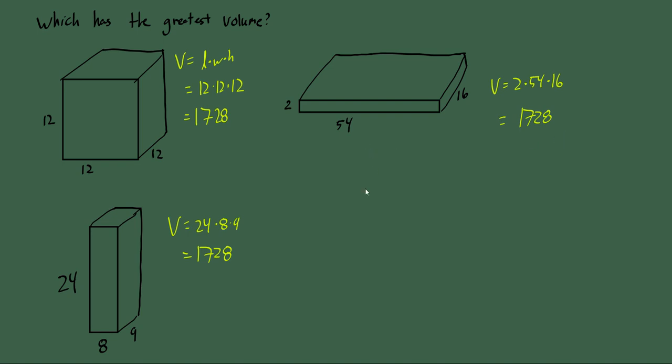This is a classic stage of development thing here, where you have a glass of water that's tall and skinny, or you have a glass of water that's short and fat. You fill them up with the same volume of water, the same number of milliliters, and at some point we start to learn that they could have the same amount even if this one looks like it's more full.